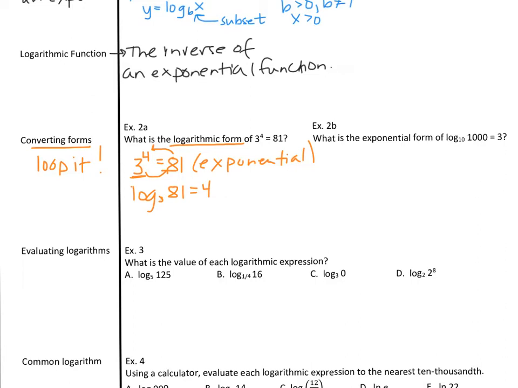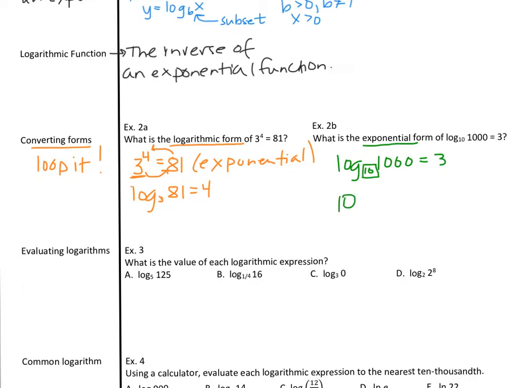Let's try it the other way. What is the exponential form of log base 10 of 1,000 equals 3? If we have a log prefix in our work, we know that's a logarithmic equation. There aren't any exponents here anyway. To loop it, we now start with our base. Our base is 10. For our exponential statement, it's going to be 10.